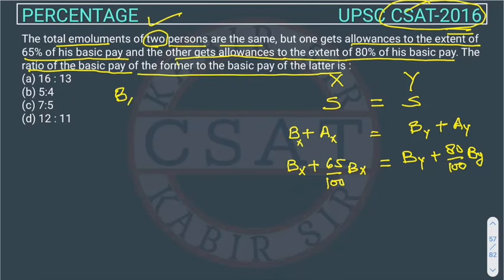So the question is asking for the ratio of the basic pay of X to the basic pay of Y. From this we can calculate.